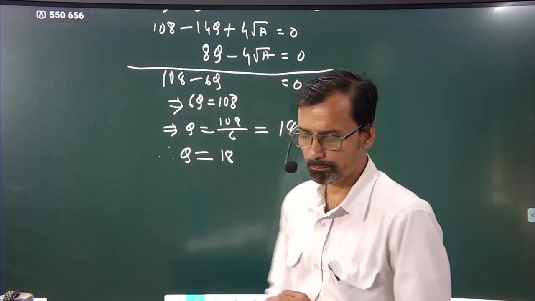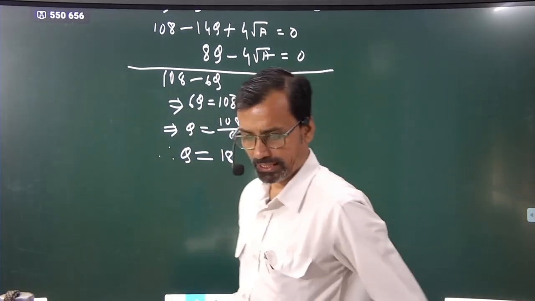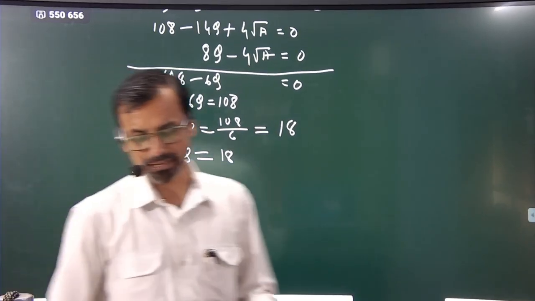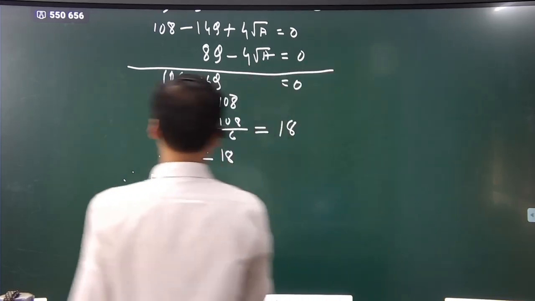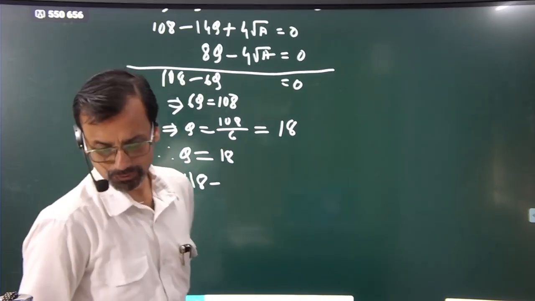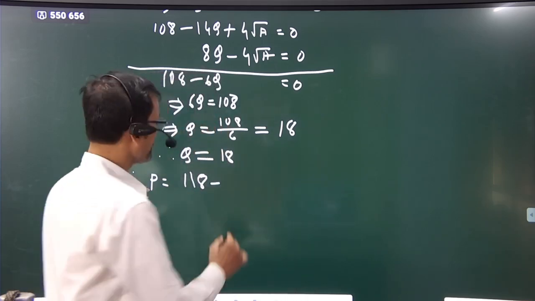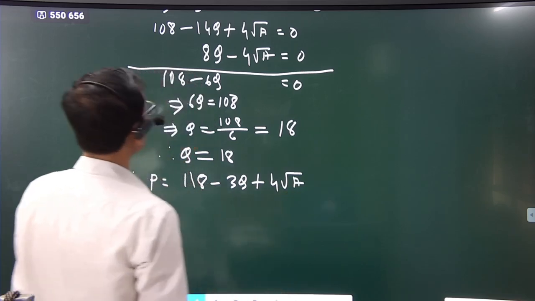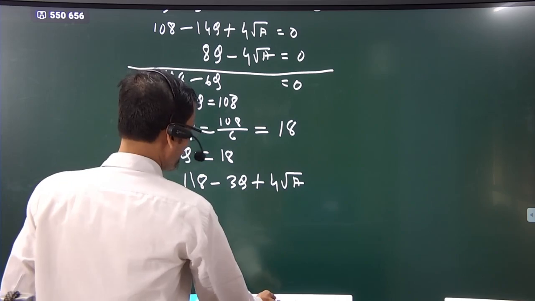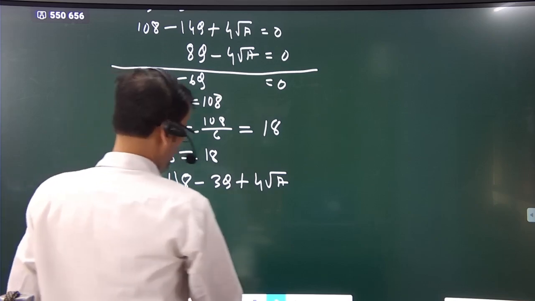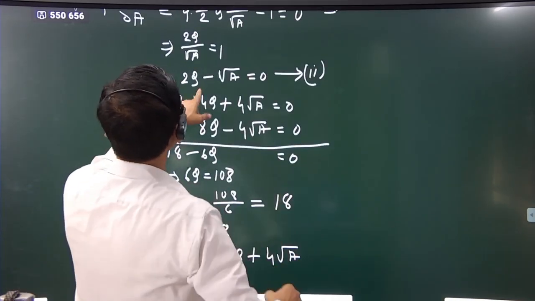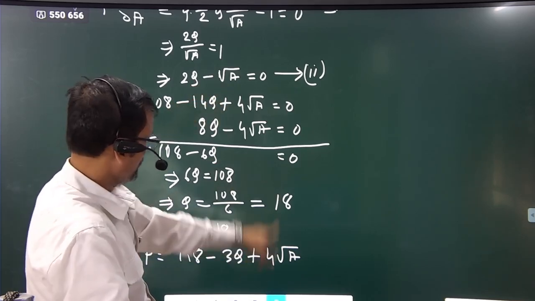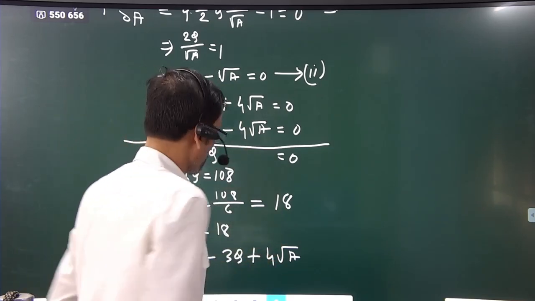Now we can find the price. What is the price function? 118 minus 3Q plus 4 square root over A. We can see here that square root over A is equal to 2Q, so in place of square root over A we can use 2Q.